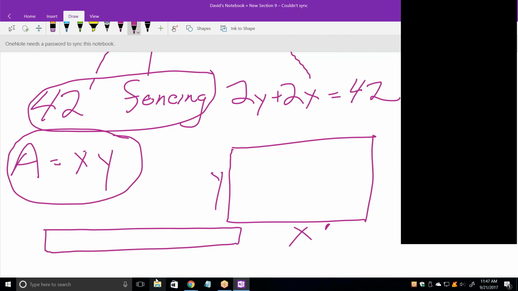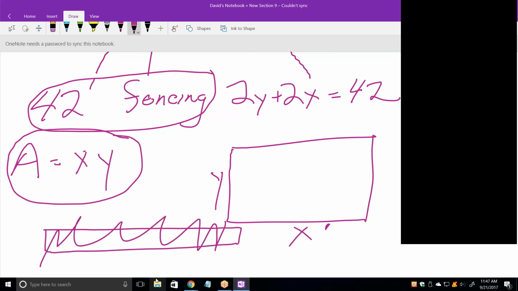Depending on how you draw the rectangle, this could be 42 feet of fencing, but it's not as big an area as this one over here to the right. So the dimensions matter a lot.